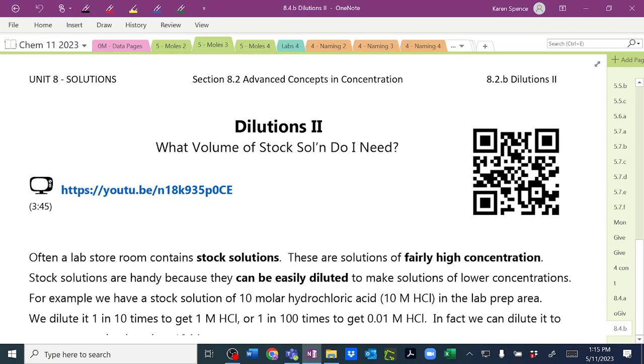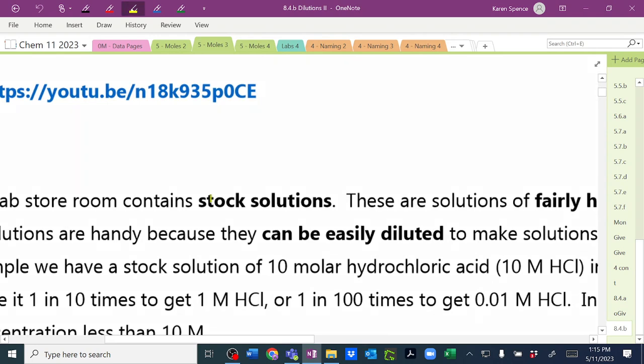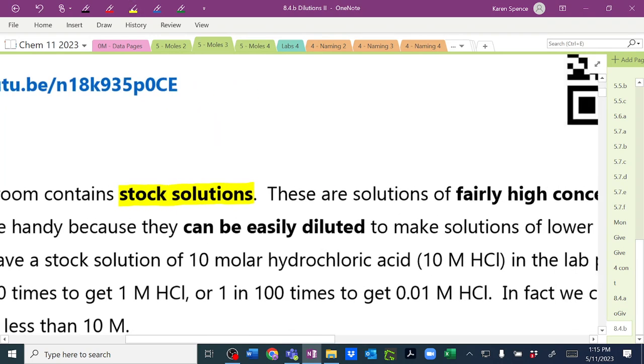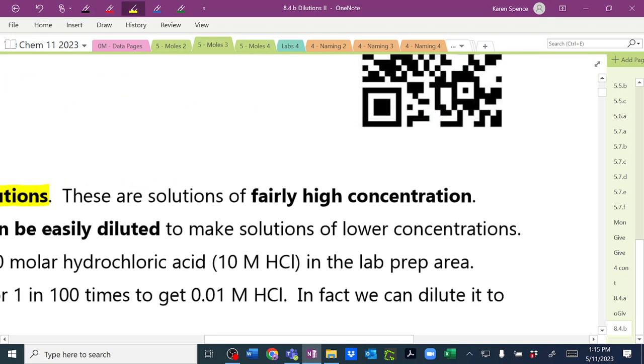Often in a lab storeroom, we have these things called stock solutions. A stock solution is a solution that has a fairly high concentration.